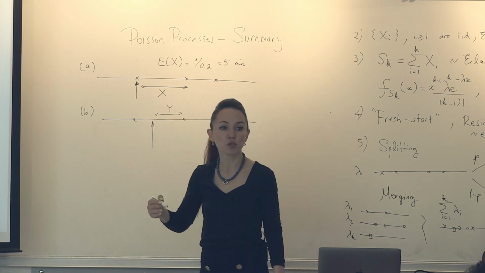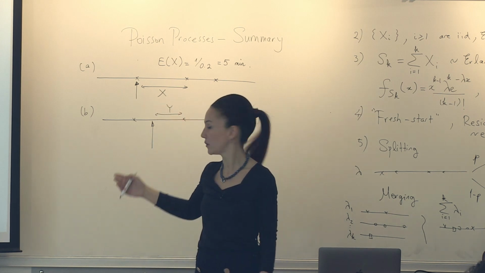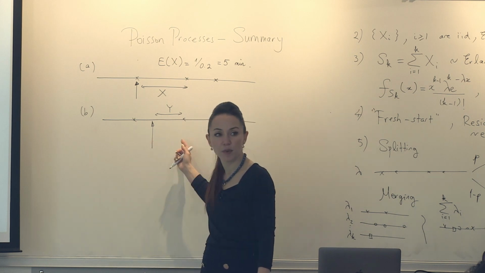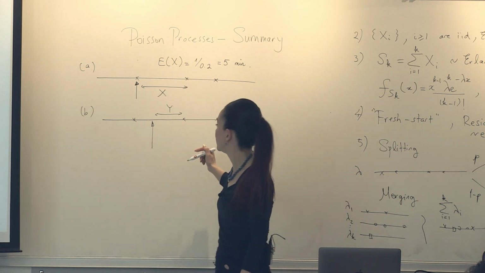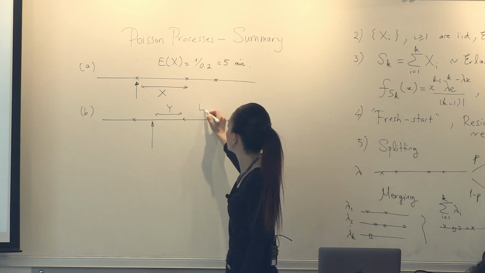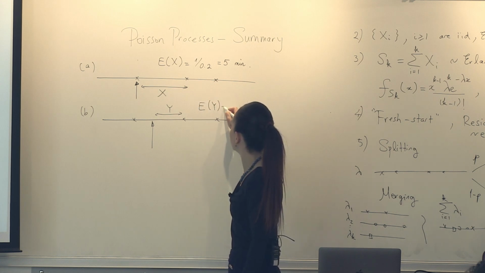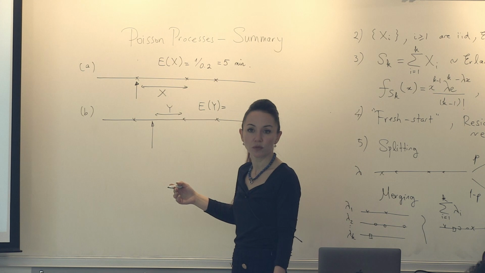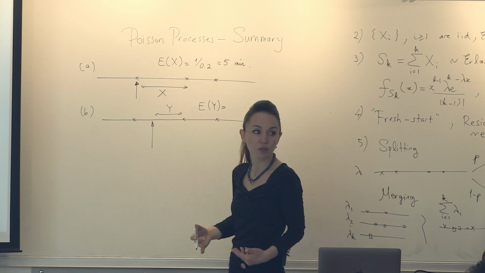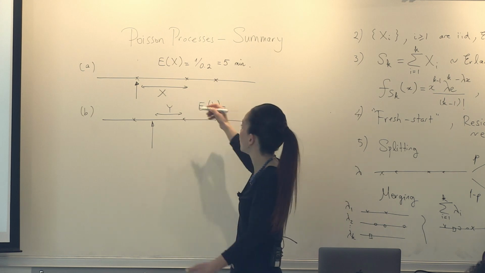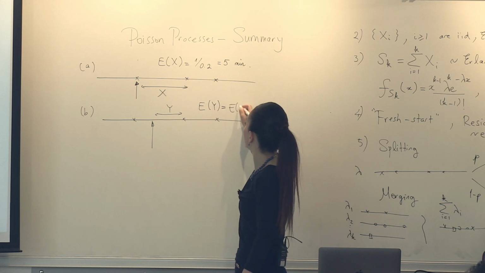I wait for a residual time, right, to the next bus event. What is the expectation of a residual time? By what we reviewed, the residual time, by the memorylessness of the exponential, is also equal to the expectation of X, which is 5 minutes.